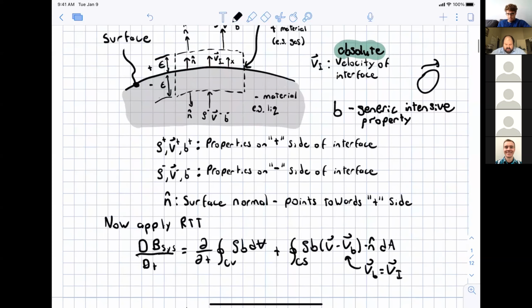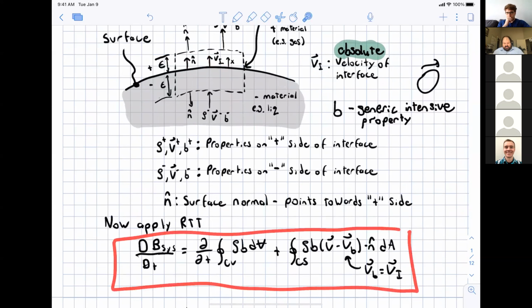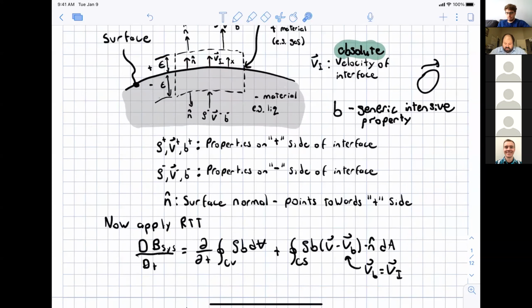Now we have this control volume here, and I wish the iPad was big enough that I could fit both the full control volume and the RTT on the same screen, but unfortunately iPads are not big enough for that. So we apply the RTT, which is the same one that we used for deriving the governing equations, essentially the same, except that now we are defining the control volume to follow the surface.